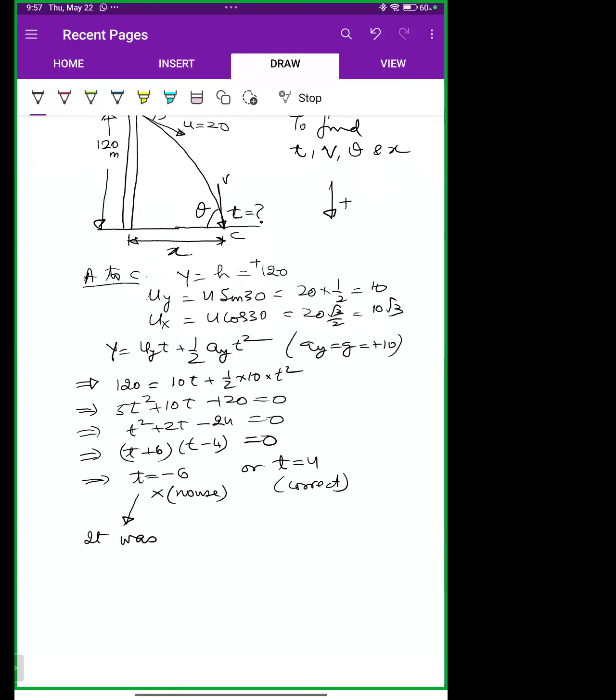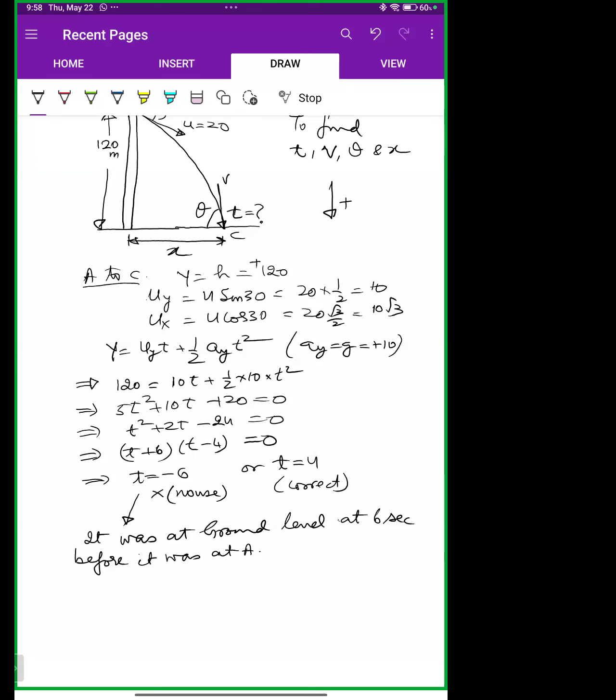It was at ground level 6 seconds before it was at A. And you'll be surprised to know the other things.